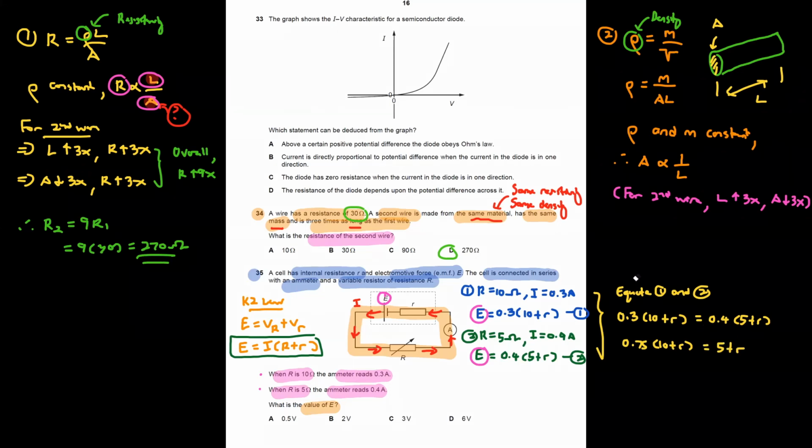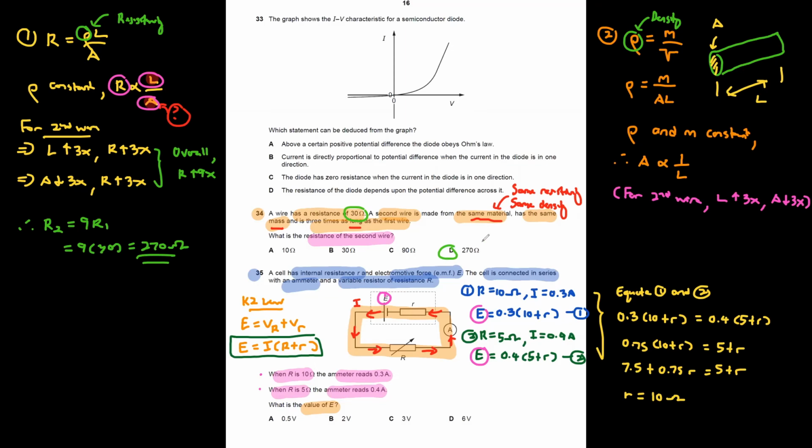This is the equation you are going to get. After that, you simplify this and you get 7.5 plus 0.75r equals 5 plus r. Further simplifying this, you will get r as 10 ohms.